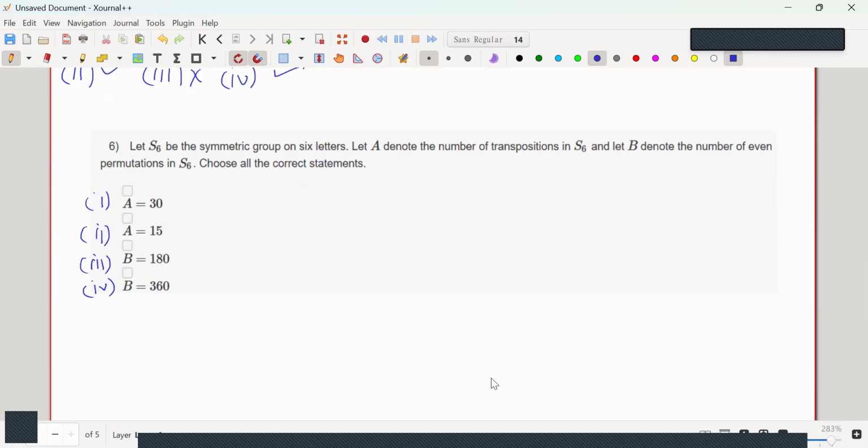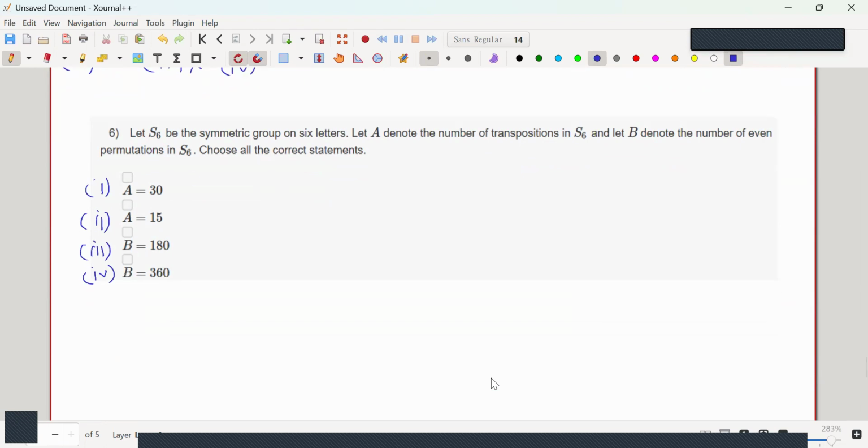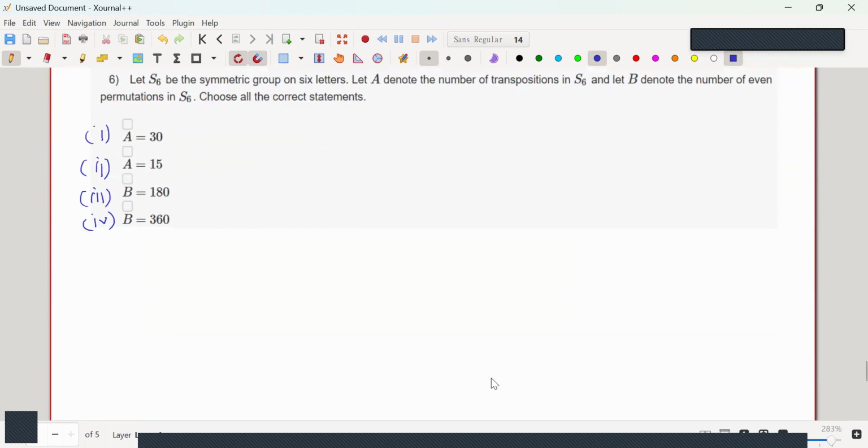For considering all possible transpositions, there are two places and six symbols. So I first consider all possible permutations on two places, and for any cycle AB, it's the same as BA.